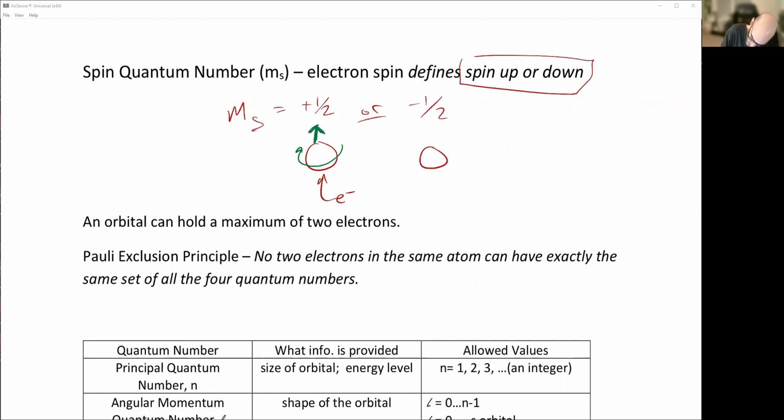We would call that one the +1/2. If it is spinning in the other direction, we would call that spin down. Okay, so +1/2, -1/2. An orbital can hold a maximum of 2 electrons.